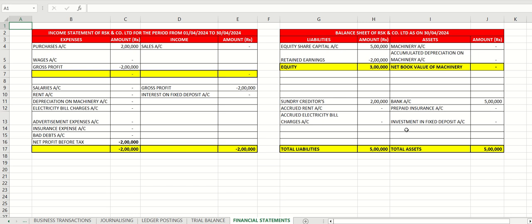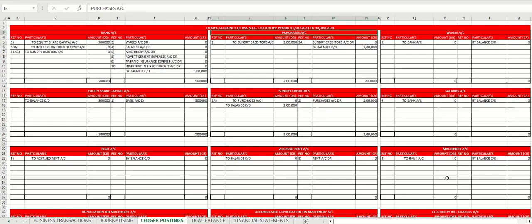The totals shown under the asset side match up with the amounts shown under the liability side of the balance sheet. Okay. Now let's move to the third business transaction.